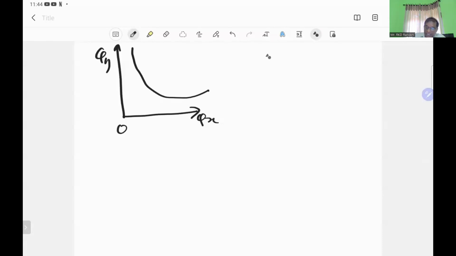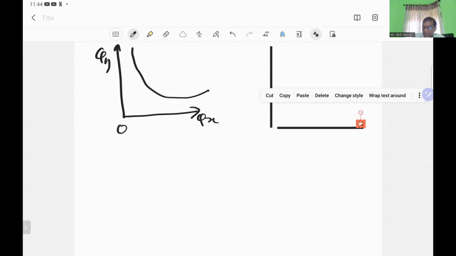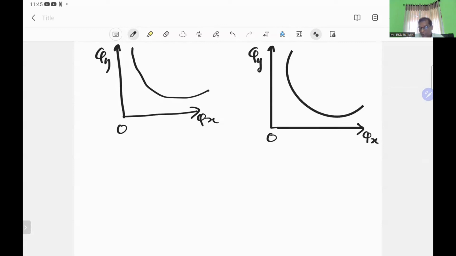Quantity Y, quantity X, origin 0. It should be a smooth curve. It is left to right downwards and convex to the origin.